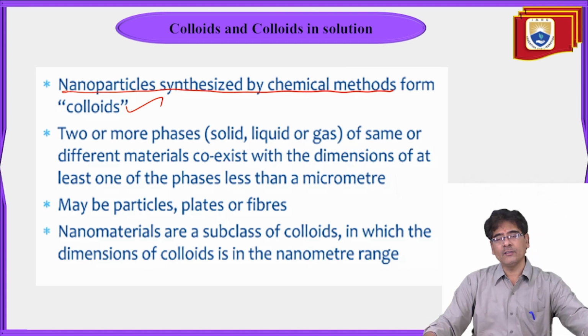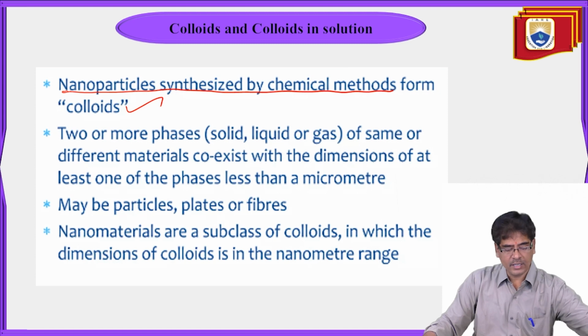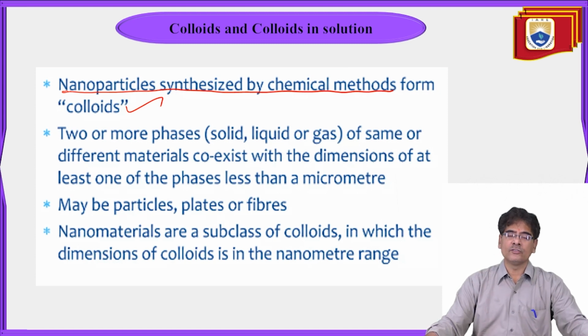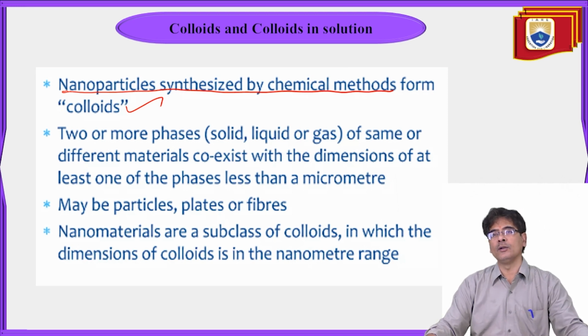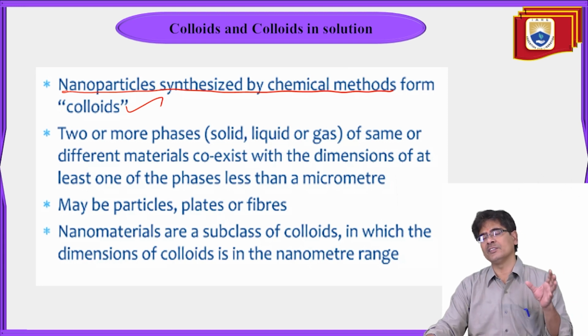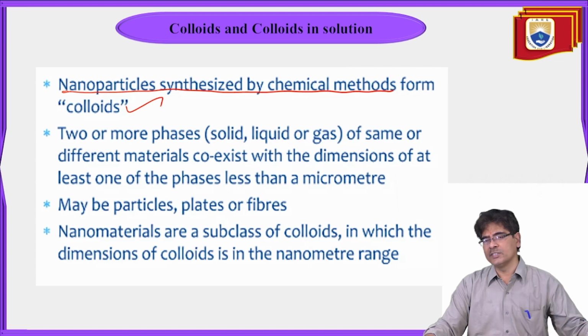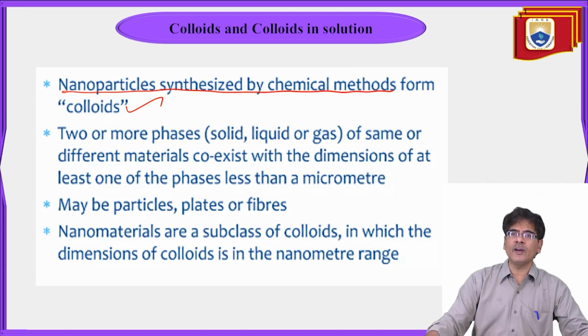The advantage of the sol-gel process is that it can be operated at low temperatures, and the equipment cost for synthesis by the sol-gel method is very cheap. That's why people go for the sol-gel method. And coming to another fabrication method, colloids in solution: nanoparticles synthesized by chemical methods form colloids.